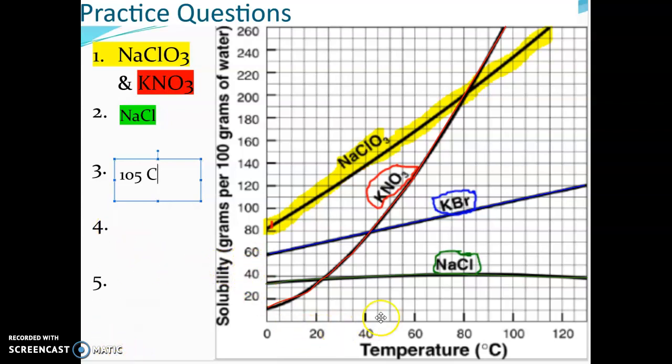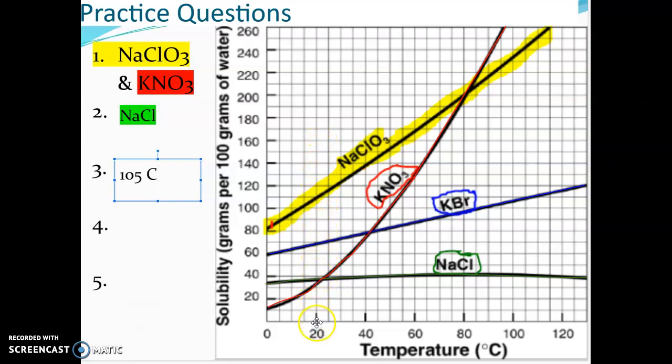Is a solution of 160 grams of NaClO3 saturated, unsaturated, or supersaturated at 20 degrees Celsius? So we are going to be looking at the yellow line, and we are going to start at 160 over here on the y-axis, and travel over until we hit the line for 20 degrees Celsius.